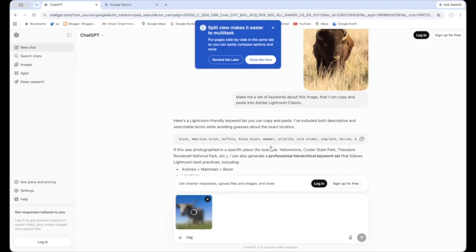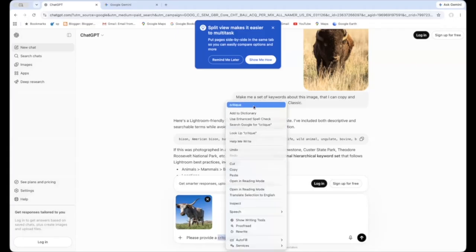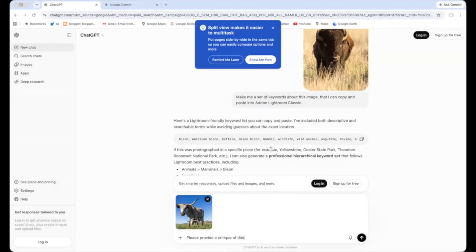And I'm going to say, please provide a critique of, oops, misspelled critique, of this image based on standard photography.